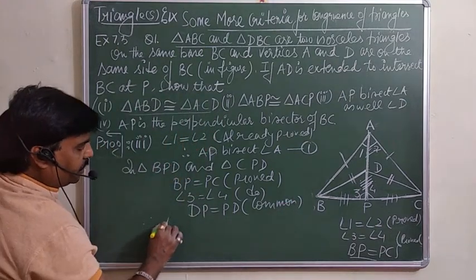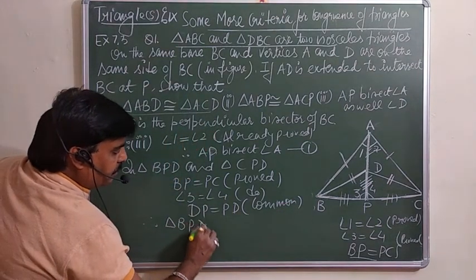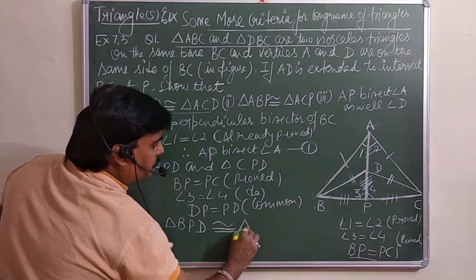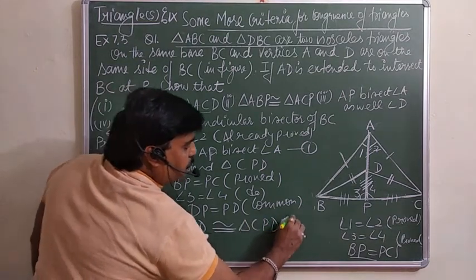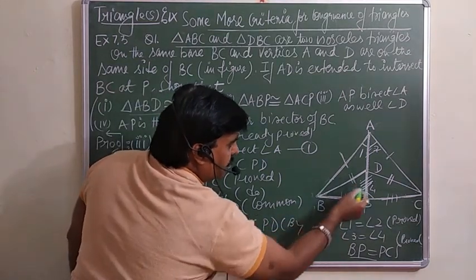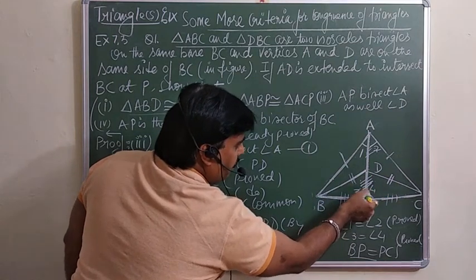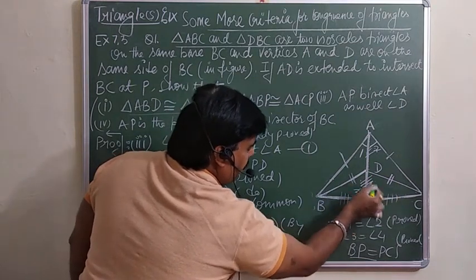Therefore you can say the triangle BPD is congruent to triangle CPD, and this is by the SAS rule, side angle side.